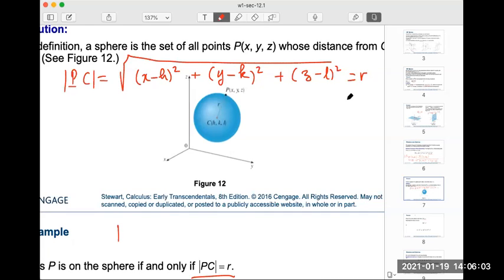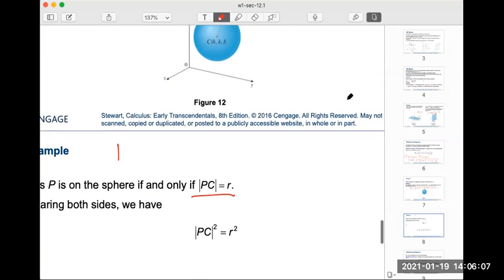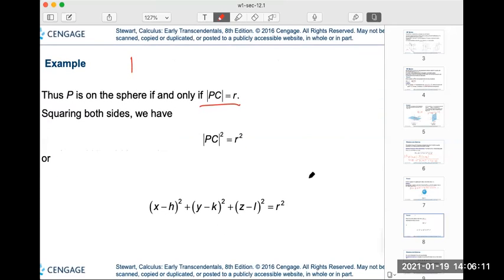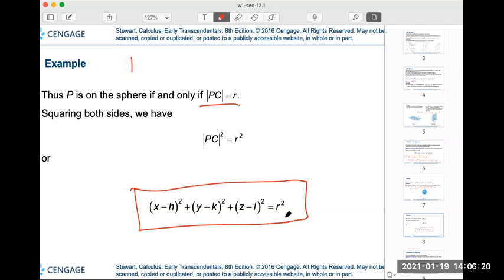So now, if we square both sides, the equation holds true, right? So therefore, we found this equation, right? We call it the equation of the sphere in 3D. Okay?